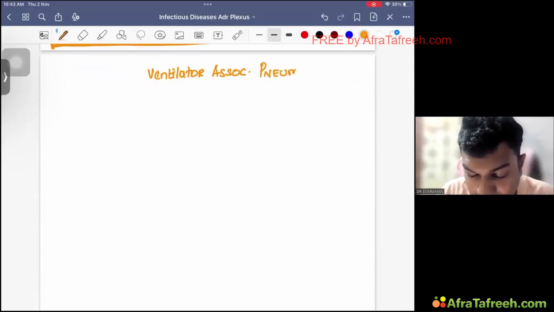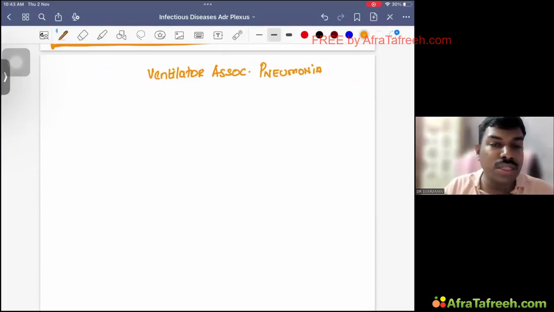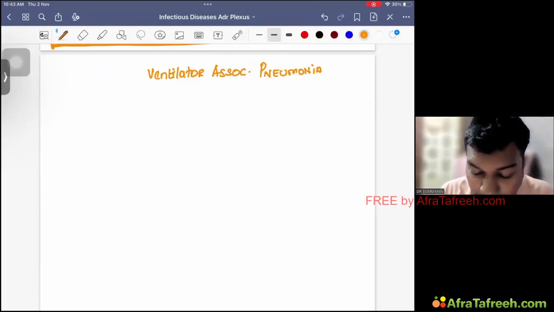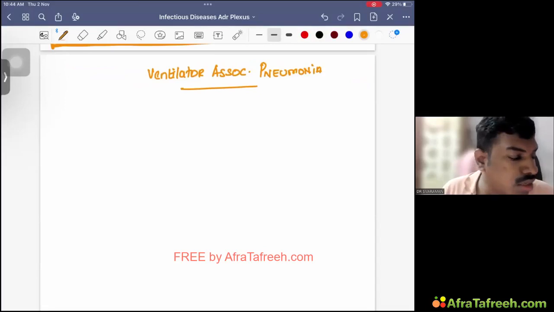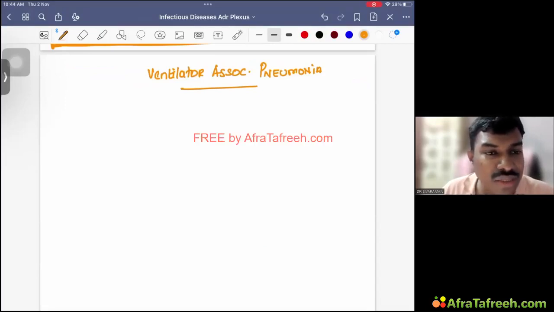Once you are intubating the patient, after a few days he will develop worsening. So you will think, I intubated the patient and I felt the patient is improving, but why is the patient worsening? What is the reason for this worsening?